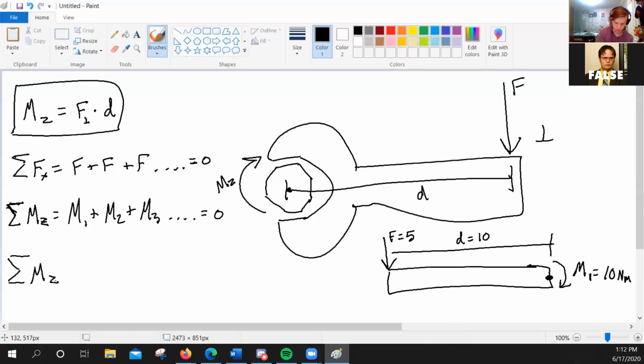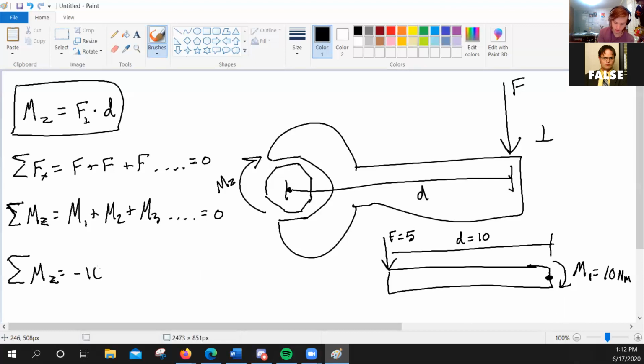Basically what we do for sum of moments, and did you watch the recap class? Yes, I did. Okay. So keep in mind, standardly, counterclockwise is positive. Clockwise is negative. Okay? So basically what we do here is we have a moment already, so let's go ahead and add that. And it's going clockwise, so it's negative.